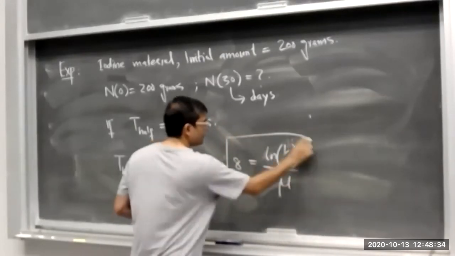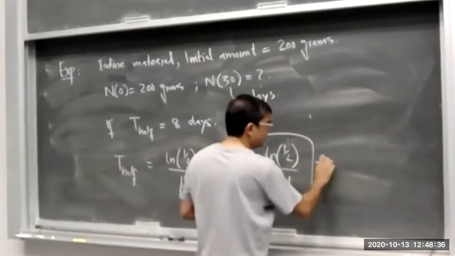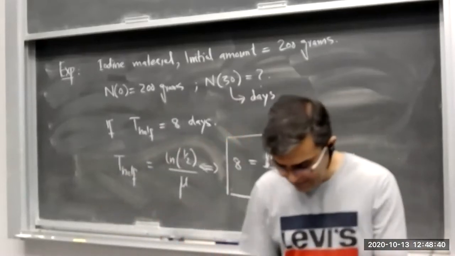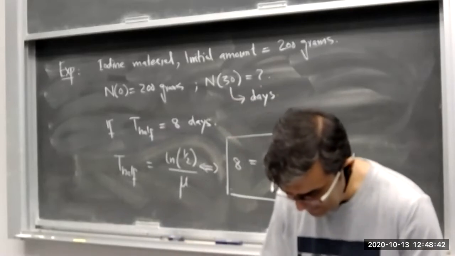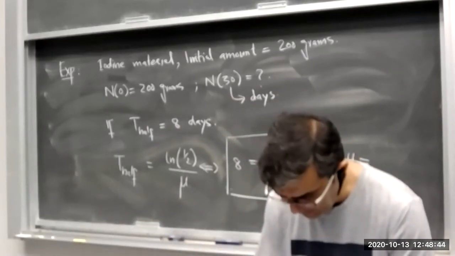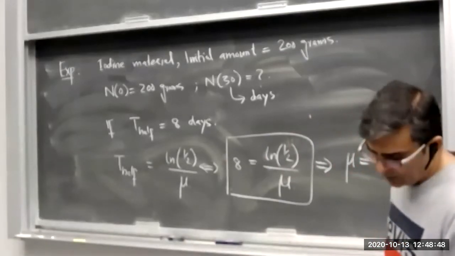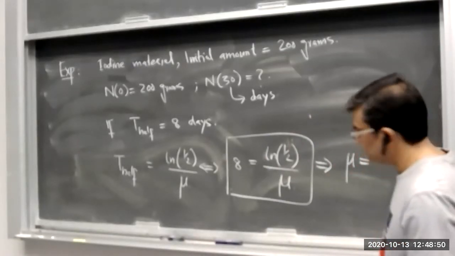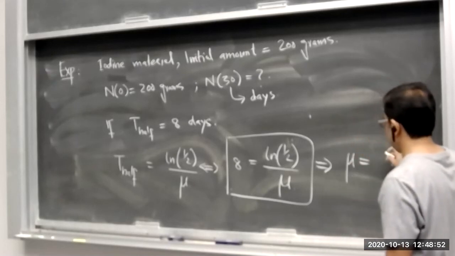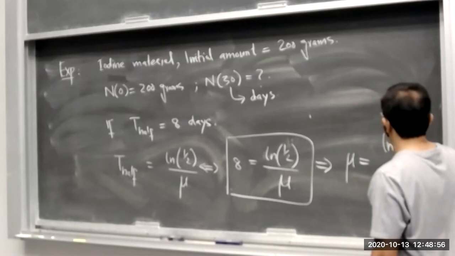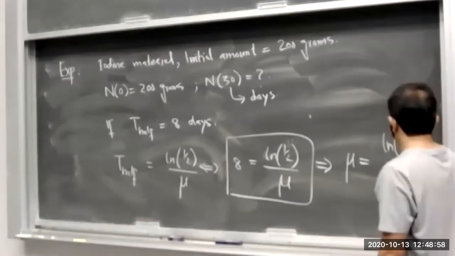So from this equation, we can compute mu easily, which is natural log of 1/2 divided by 8.